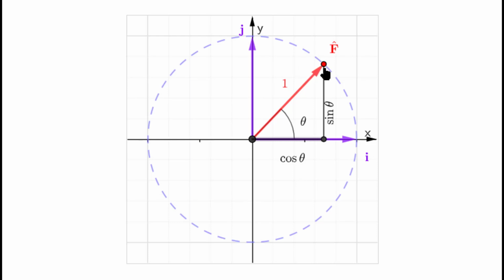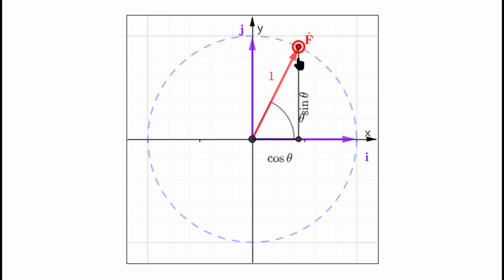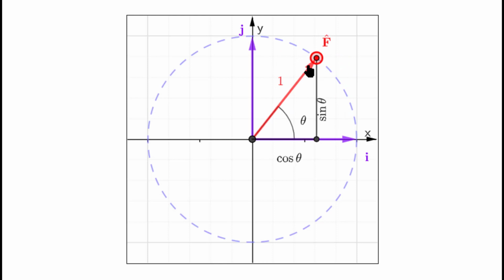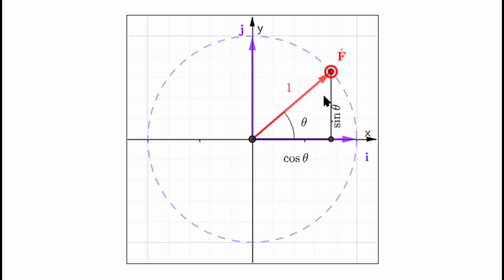And you can note that this unit vector is only 1, no matter where it's pointed, okay? And if it is pointed exactly at 45 degrees, so if theta is 45 here, the value of the unit vector i and the unit vector j will be the same, because it's at 45.